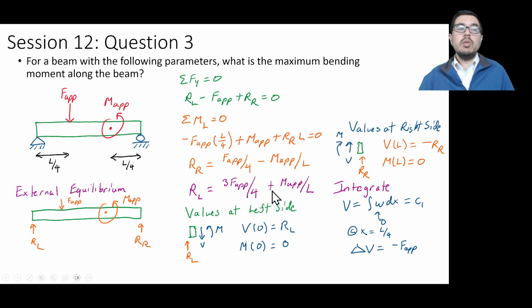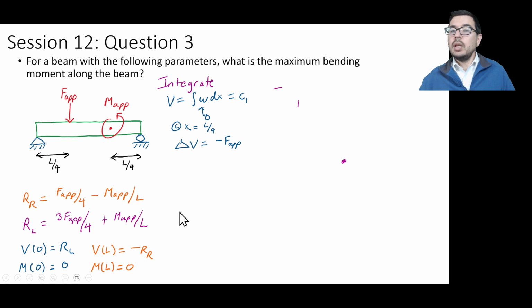Okay. So let's go ahead and copy this information over to a new page. We're going to keep in mind these equations right here for RR and RL. We'll keep in mind the boundary conditions at the left side and at the right side, and we'll keep in mind that we're performing this integration.